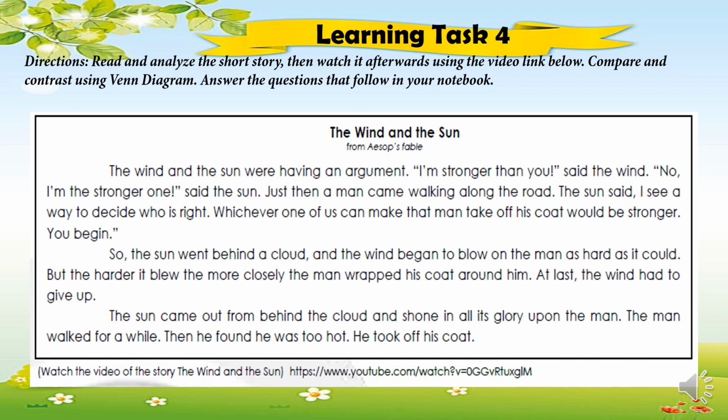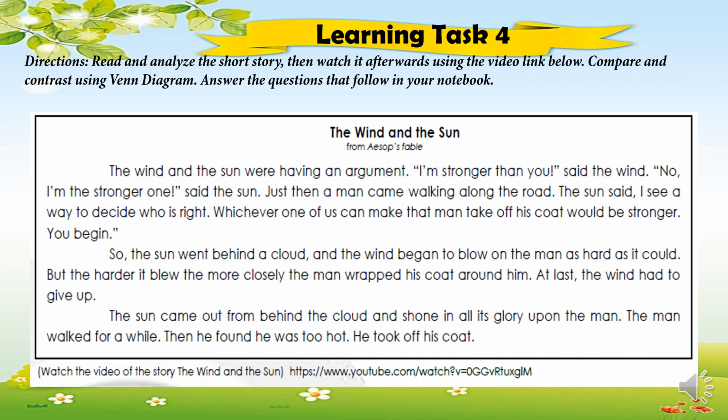The wind and the sun were having an argument. "I'm stronger than you," said the wind. "No, I'm the stronger one," said the sun. Just then a man came walking along the road, and the sun said, "I see a way to decide who is right. Whichever one of us can make that man take off his coat would be stronger. You begin." So the sun went behind a cloud, and the wind began to blow on the man as hard as it could.